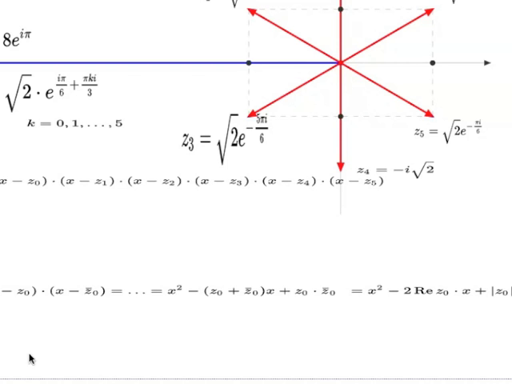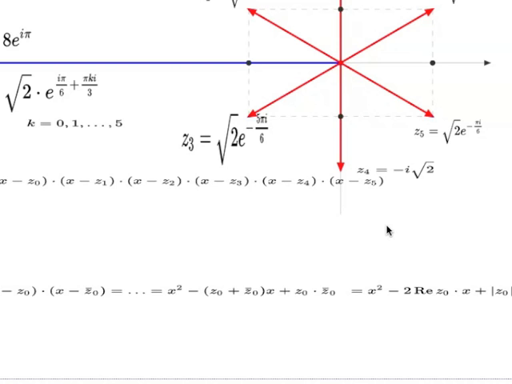Because when you multiply these two brackets together, the result will be something which no longer has any complex numbers in it. The real part of a complex number is a pure real number, and the square of the absolute value of the complex number is also purely real, actually a non-negative number. That's the trick of how to convert factorization over complex numbers into factorization over reals.